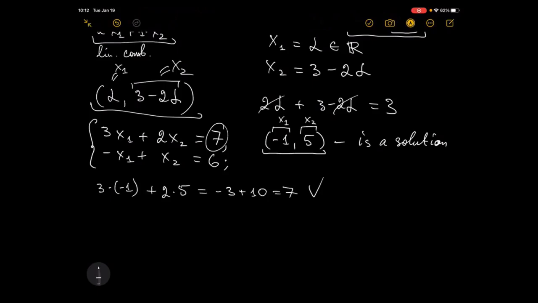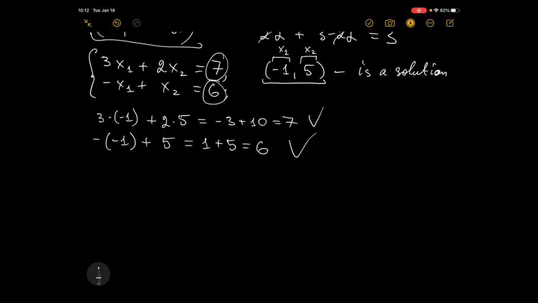Here it will be -1 plus x2, which is 5, so -1 plus 5 equals 4... equals 6, right? Also works. So this is really a solution. Is it clear or not? Yes, it's clear. Okay, perfect.